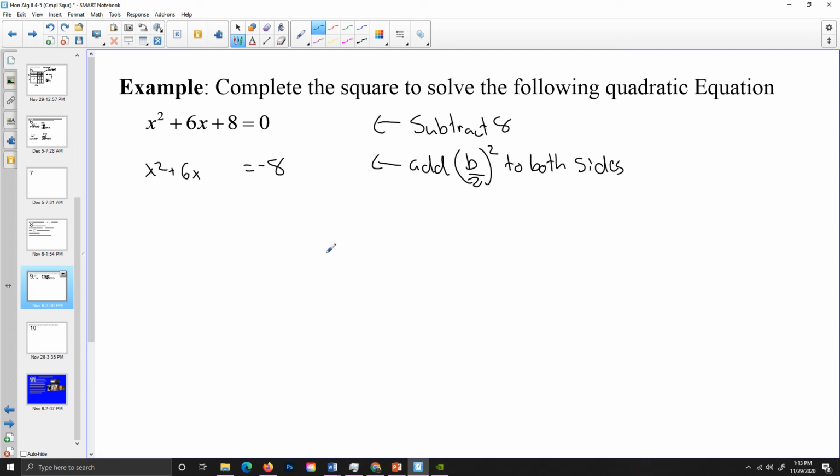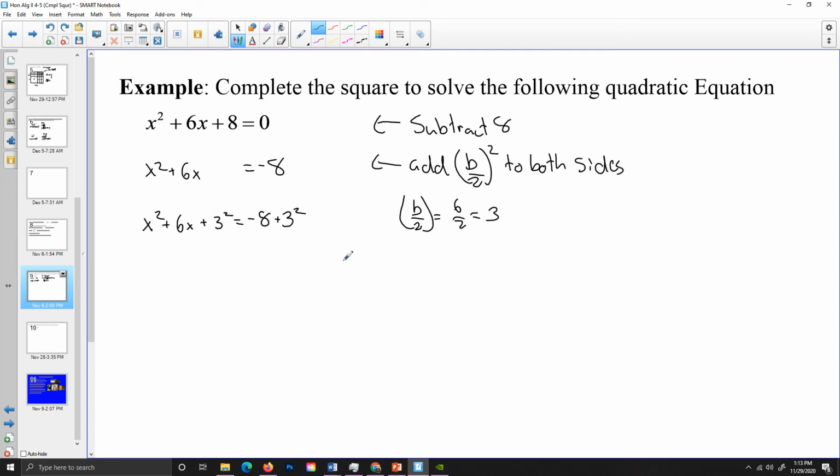All right. So in this particular case, b over 2 is equal to 6 over 2, which is 3. And so I am going to add 3 squared to both sides.